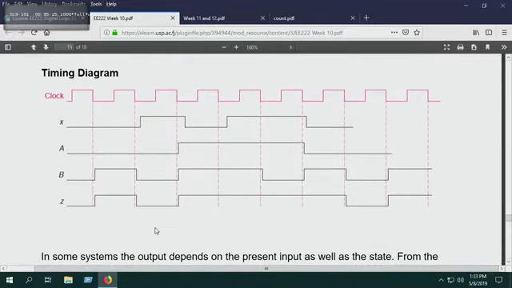Basically, all we're doing in this timing diagram is just another way of drawing our state diagram. So if x is this, at this falling edge, x is considered to be 0. The status of flip-flop A is 1.